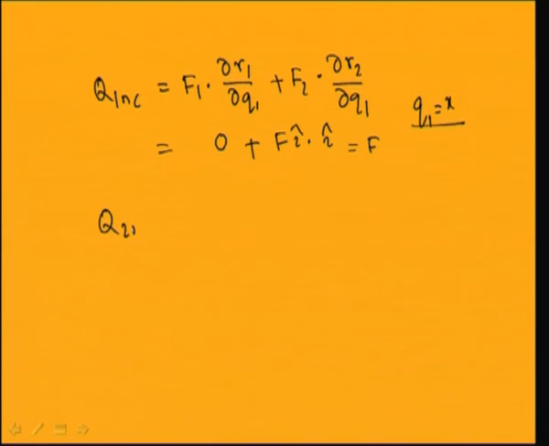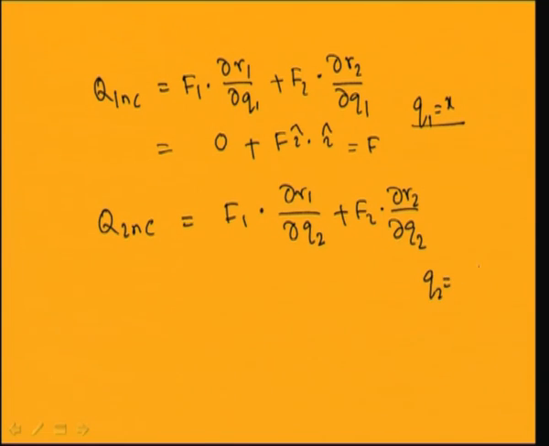Similarly, you can find Q2 nc. This will be F1 dot del r1 by del q2 plus F2 dot del r2 by del q2. Already you know Q2 equal to theta and F1 equal to 0, so the first term equals 0. For the second term, r2 equals r0 plus x plus L sin theta i minus L cos theta j.